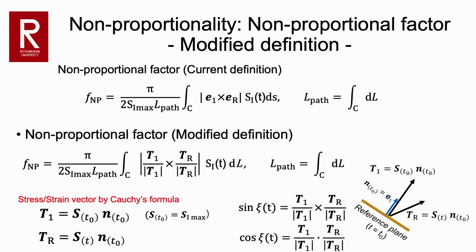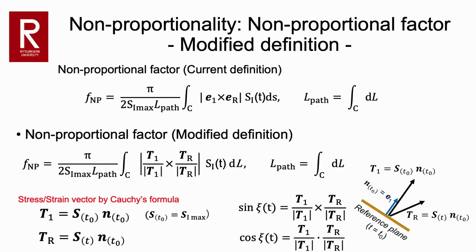So as you know, this is the stress tensor, and this is the normal vector on the reference critical plane. Then we can calculate it similarly to this one, but this also takes into account the change of sigma 2 and epsilon 2.